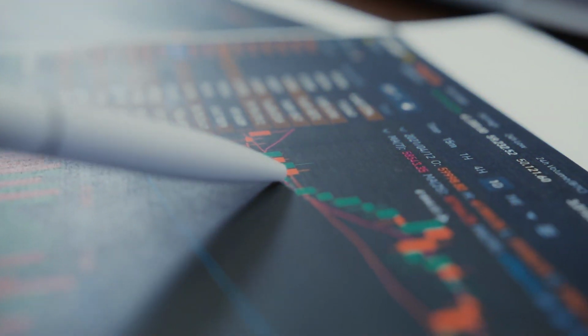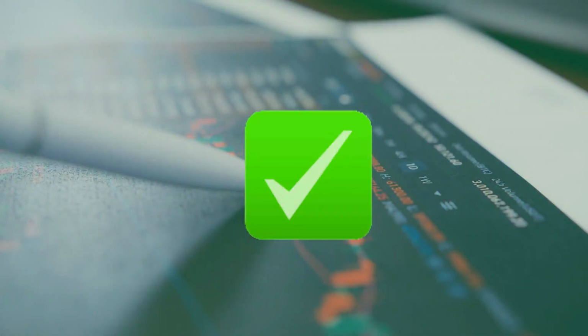As you saw, with this strategy, we were able to achieve all three of our goals, and I hope you can also achieve the profits you desire using this strategy.